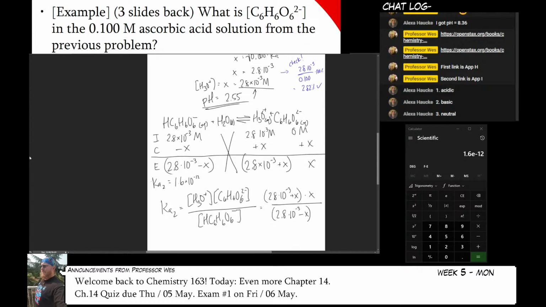And if I assume X is small, then these numbers cancel out too. And X equals Ka2, which would be 1.6 times 10 to the minus 12. Hey, guess what?